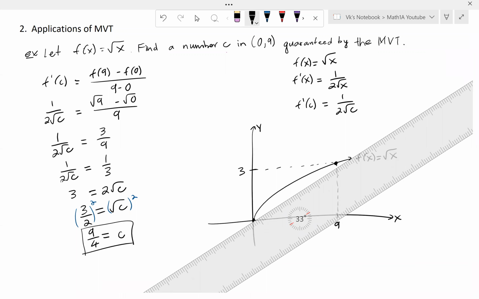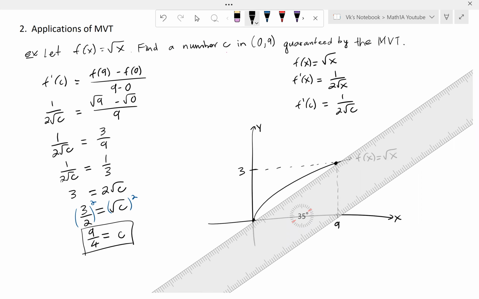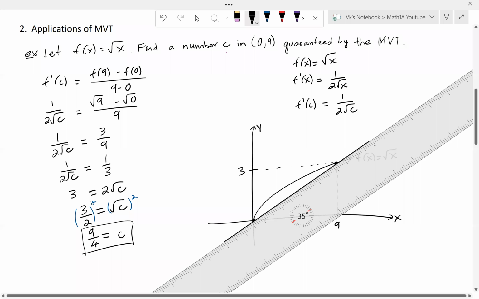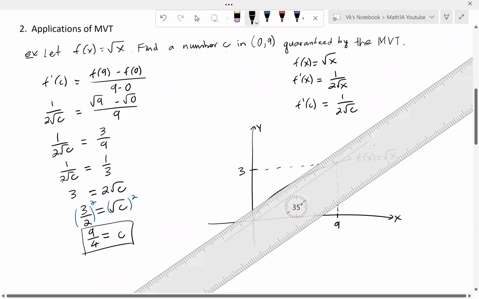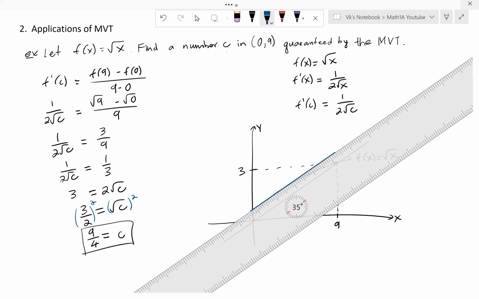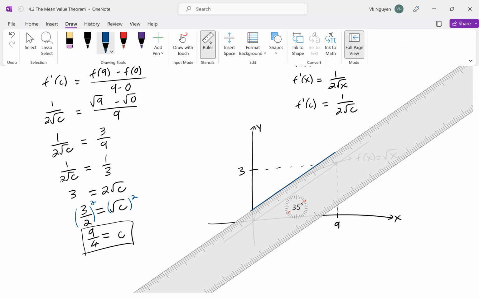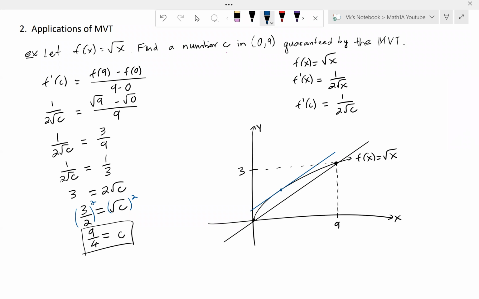Here comes the secant line. So I found a tangent line, and this point right here is at x equal to 9/4. Awesome.